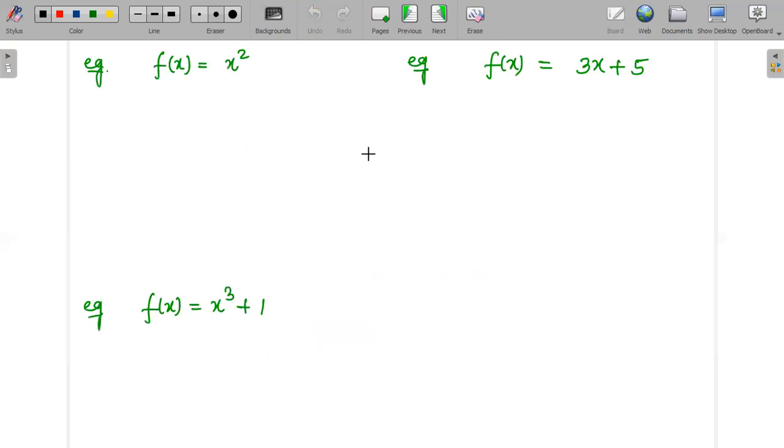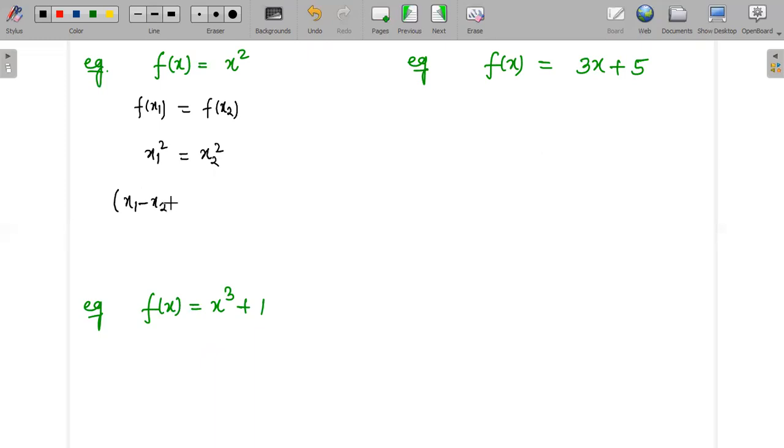Just have a look at the first one. We have f of x equals x square, and suppose at x1 I have output f of x1 and at x2 I have output f of x2, and I am equalizing their outputs at different inputs. That means it is given that x1 square equals x2 square, and I need to prove whether only x1 equals x2 is responsible for f of x1 equals f of x2. So let me factorize this expression.